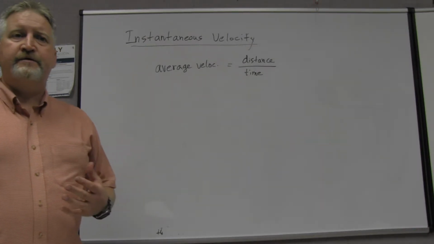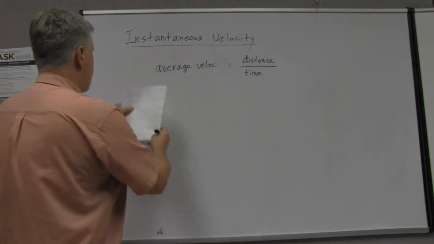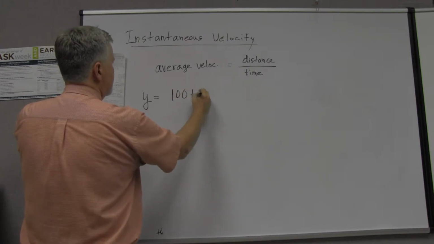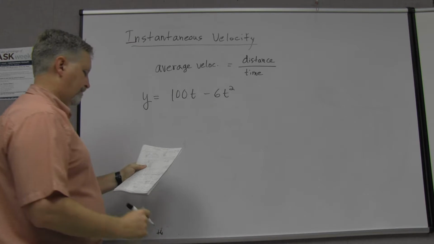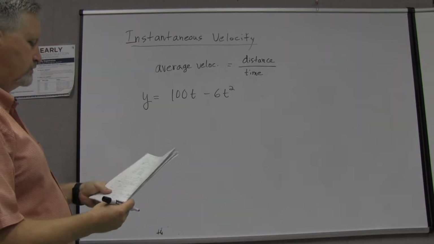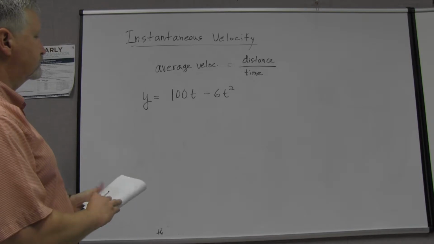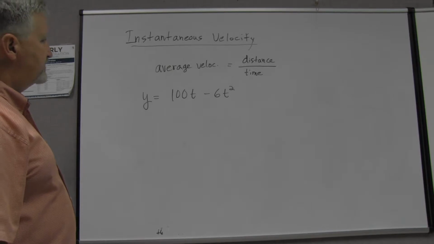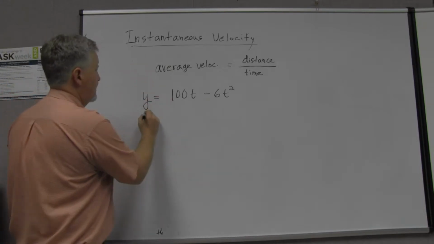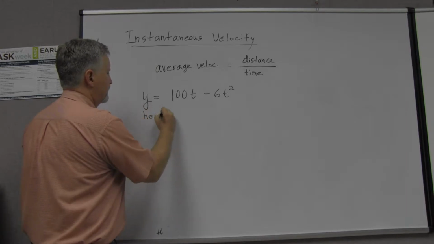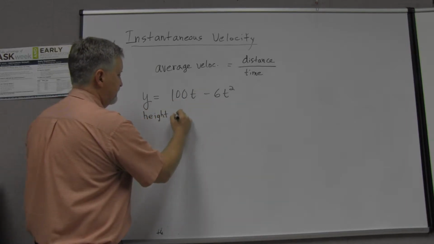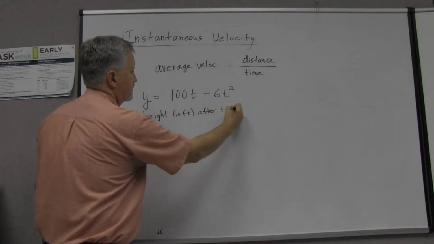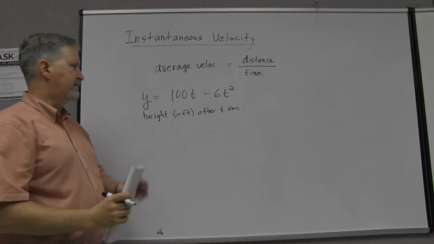In this particular case, let's say I've got this formula, y equals 100t minus 6t squared. That gives me the height of an object in feet after t seconds.